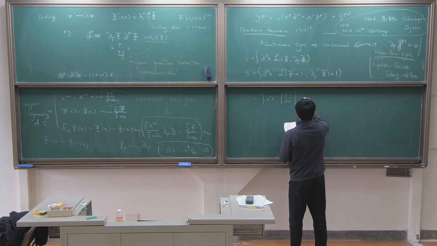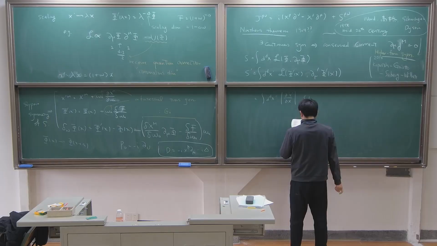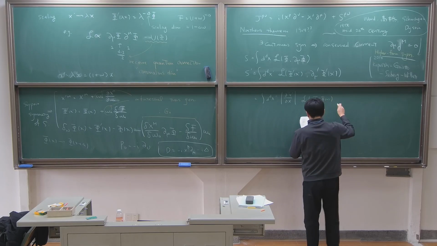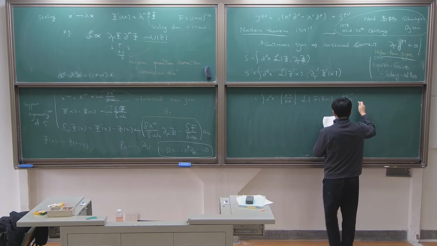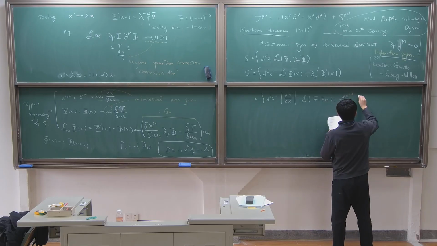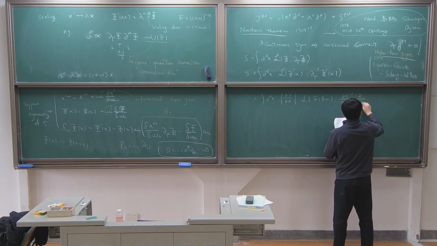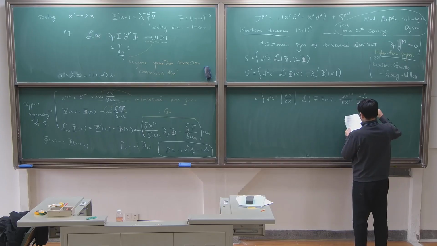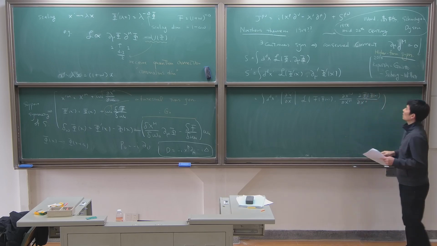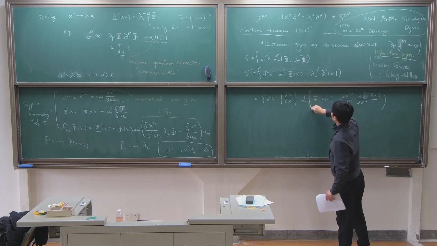So this is the Jacobian, and L is something like f of phi of x, and this is the f of the transformation.